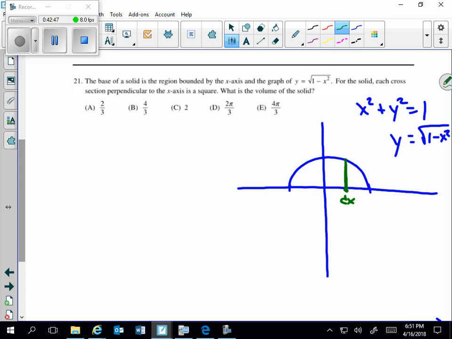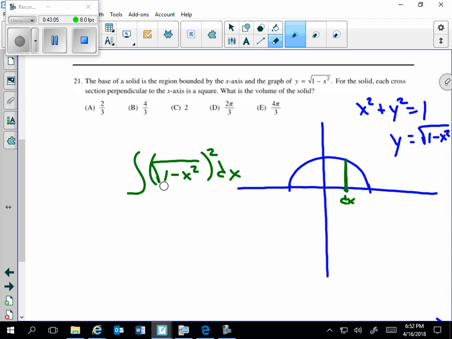So I'm going to integrate that square root of 1 minus x squared with respect to x, and I'm going to square that. Why am I going to square that? Because this is the length, and it is also the width. So it's going to be that mess squared, not because I'm finding the area of the region, but because I'm finding the volume of squares coming up off.